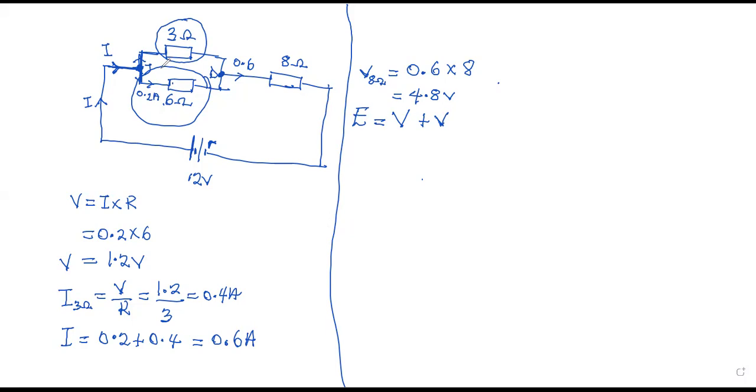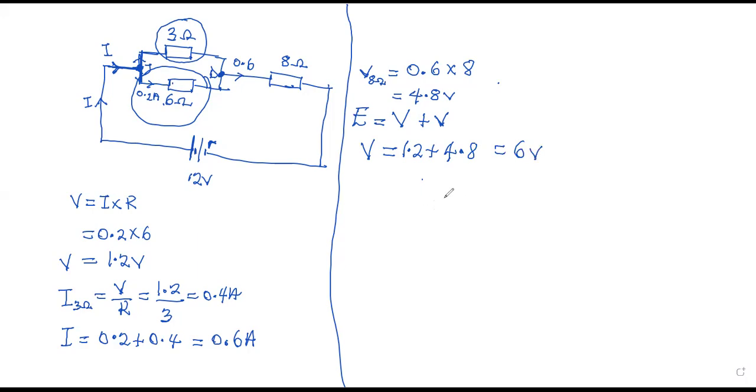Now we found the PD across the parallel circuit, that is 1.2. The PD across the 8 ohm resistor, which is 4.8. Meaning that the total terminal voltage will be equal to 1.2 plus 4.8. And this would be equal to 6 volts.